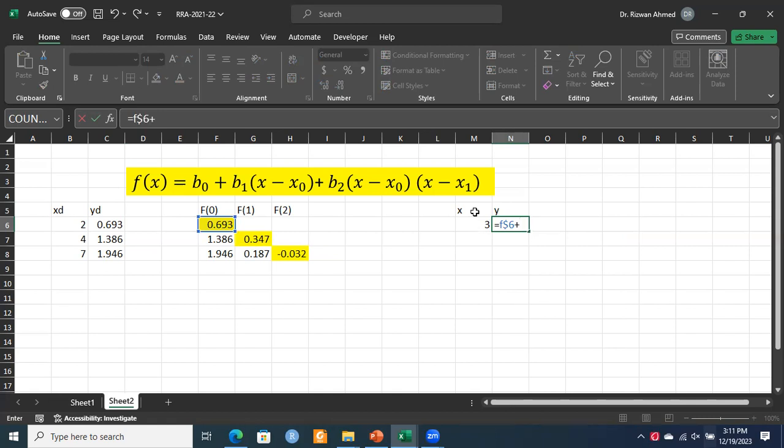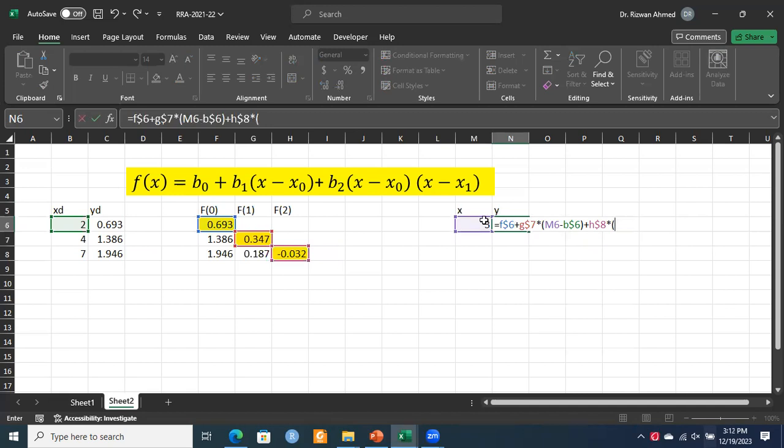Then b1, it is b$7, times x minus x naught. So I have to provide the x value. This is x minus x naught. X naught is at b$6, plus the b2 value, which is at h$8. So you can notice it has been rightfully picked from the respective cell.